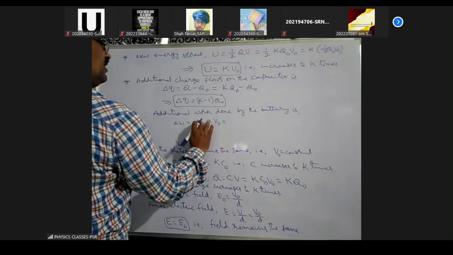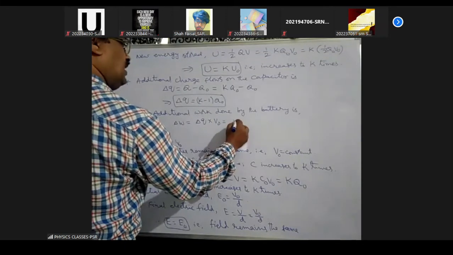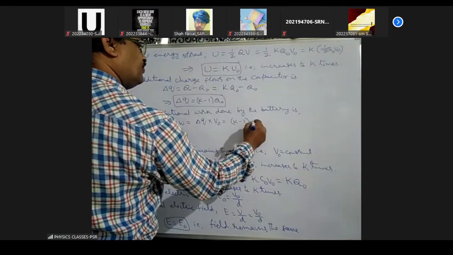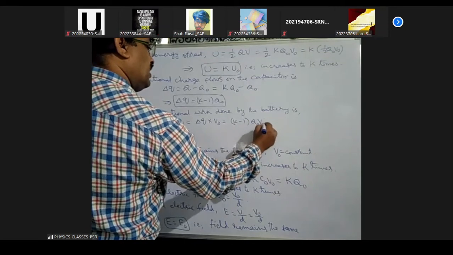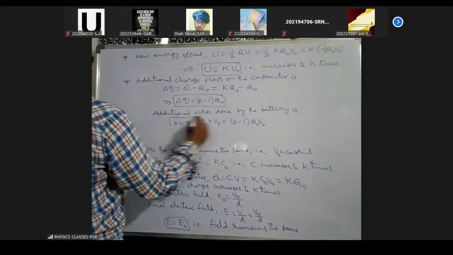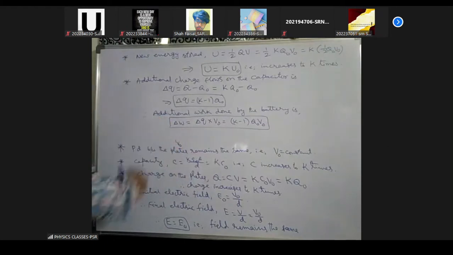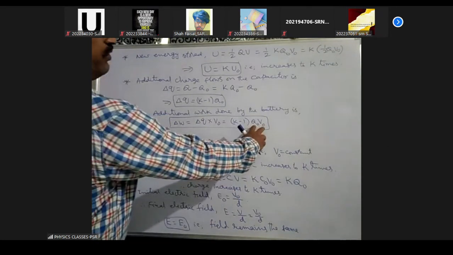Delta Q is nothing but here K minus 1 into Q naught V naught. That is the additional work. This is the work done by the battery.